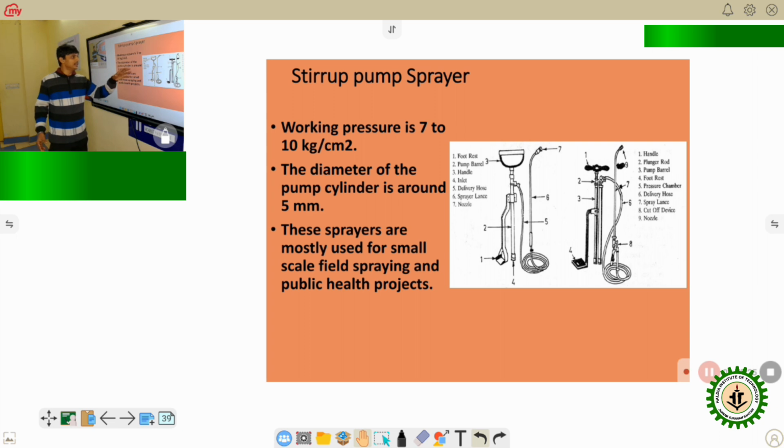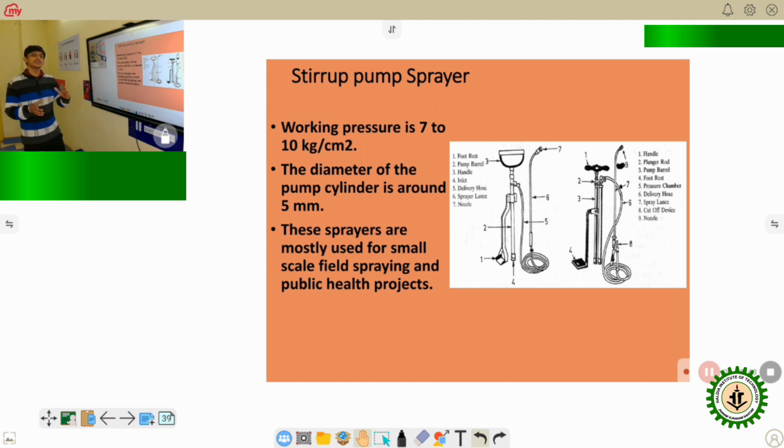It has different components: foot rest, foot pump barrel, handle, inlet, delivery hose, spray lance, nozzles, plunger rod, and the pressure chamber.